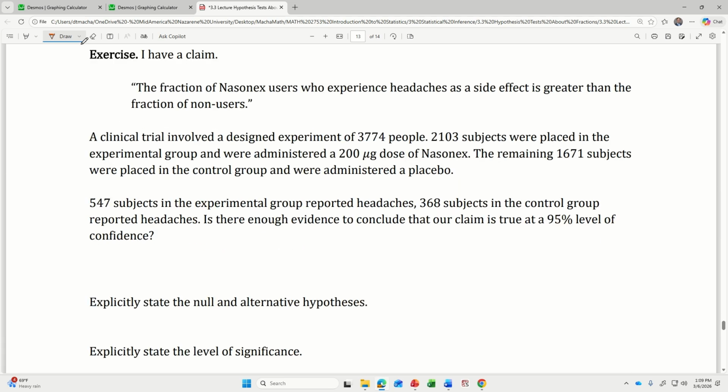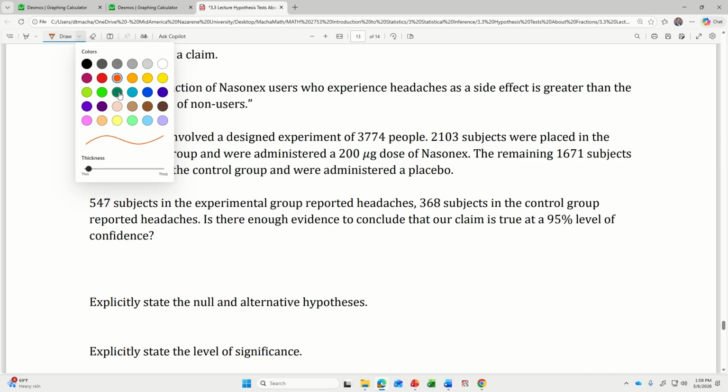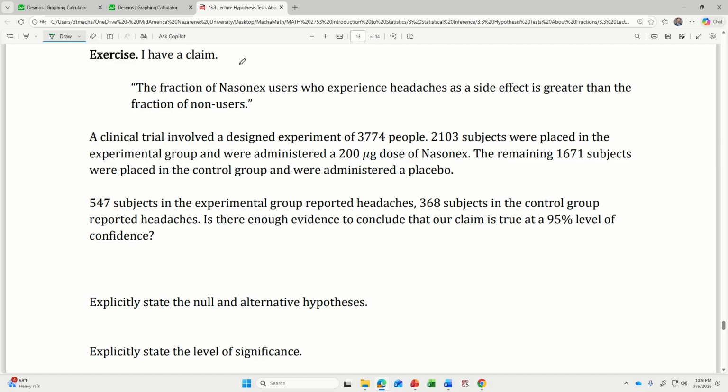So let me show you an example. The fraction of Nasonex users who experience headaches as a side effect is greater than the fraction of non-users. That's the claim. A clinical trial involved a designed experiment of 3,774 people. 2,103 subjects were placed in the experimental group and were administered a 200 microgram dose of Nasonex.